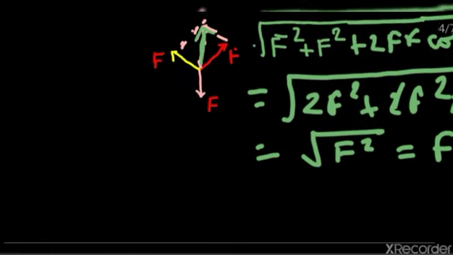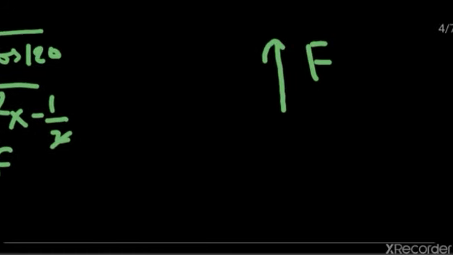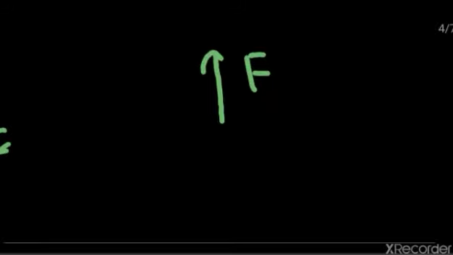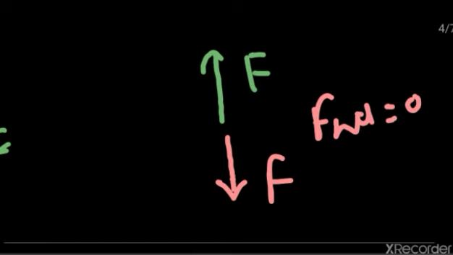Since there are two vectors each of magnitude F acting in directions opposite to each other, their resultant will be 0. They will cancel each other out. So by both methods I have shown that the net force acting on this capital Q charge is 0. Thank you.